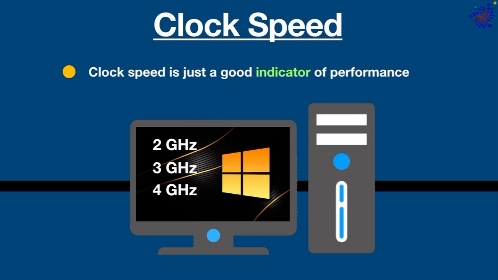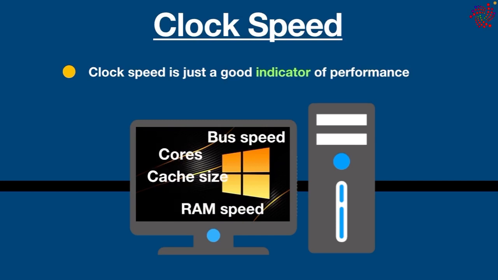Other factors also contribute to the overall performance of a computer, such as number of cores, bus speed, cache size, speed of RAM, and HDD or SSD speed. Therefore, while the processor's clock speed is a significant indicator of how fast a computer is, it's not the only factor that matters.